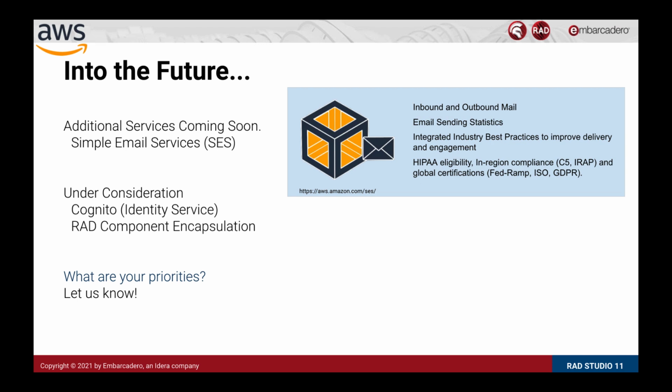There are also some thoughts around demand for converting the libraries into a set of RAD components, encapsulating some of the libraries to make them more RAD to use, rather than everything coded behind the scenes. So we're after your feedback: what your priorities are, if you're using AWS already, and any specific services you're looking to use and consume.